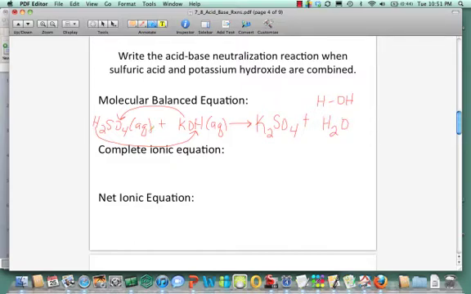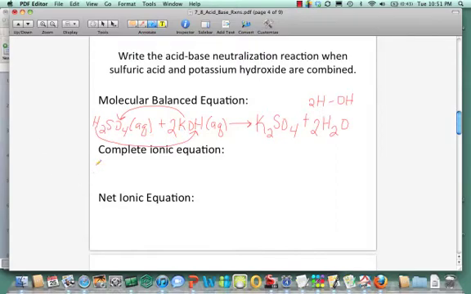So you see they just swapped partners. Now we need to make sure we balance the equation, so we need a 2 there for 2 potassiums. We need 2 hydroxides, so that means we need to put a 2 here, and that's 4 hydrogens. We have 4 hydrogens over there, so it's balanced.